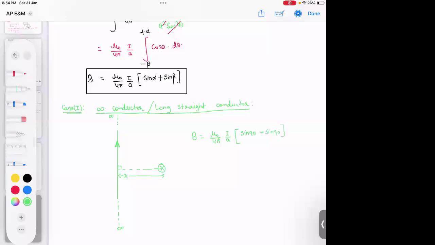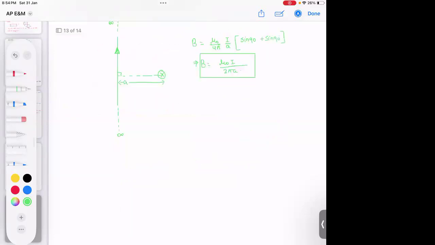So the magnetic field will come mu naught into 1 plus 1, so mu naught I by 2 pi A will come. Understood? Let me take the second case and then you answer that also.